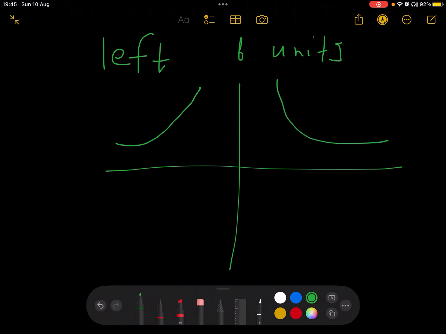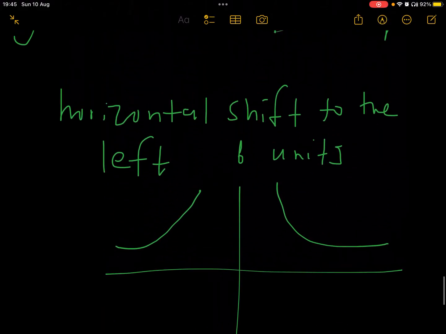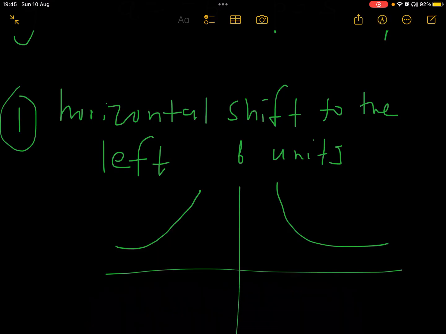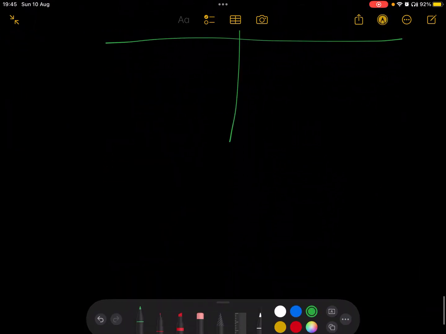The x value now becomes either from positive to negative or negative to positive. The y doesn't change. So therefore, this would be a reflection. So the first point is here. The second point would be a reflection about the y-axis.